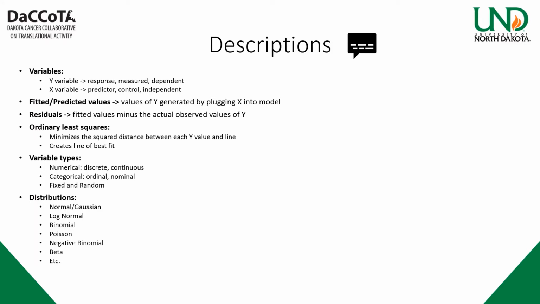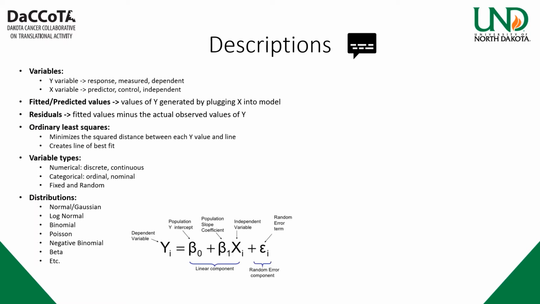And now let's get into fitted or predicted values. This is when we're actually running our regression model. We get this equation, and our predicted values are the values of y we generate by plugging x into our completed model. So we have our x variables, the different coefficients, and then some sort of error term.